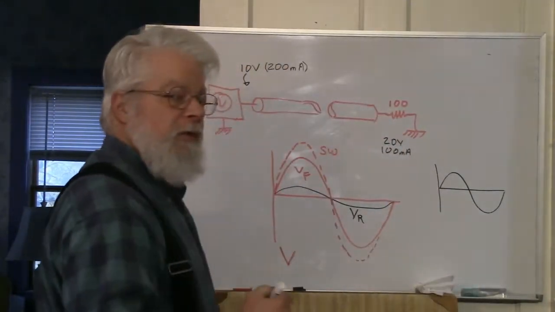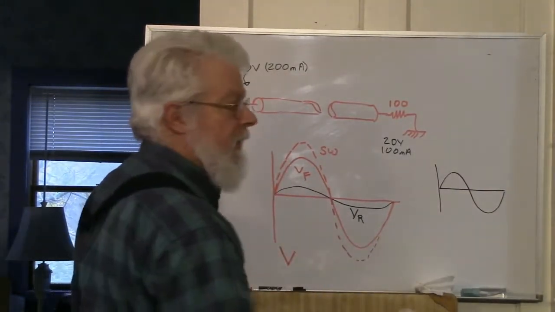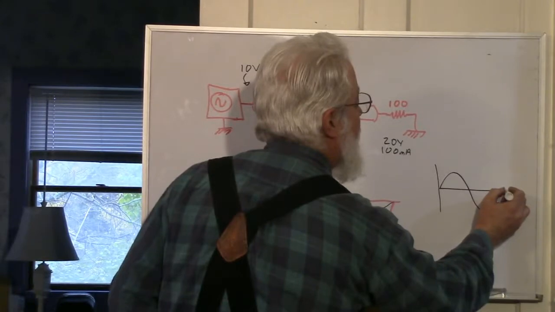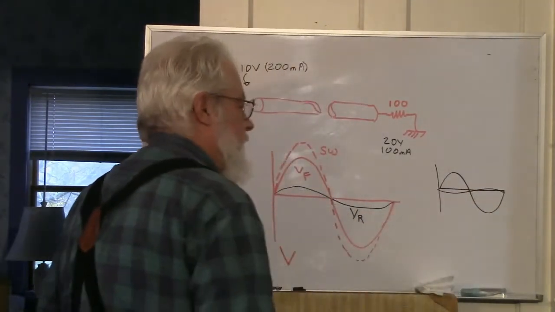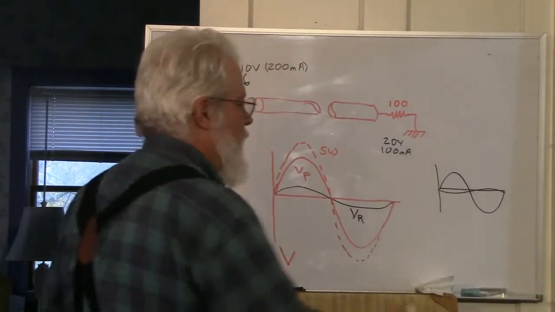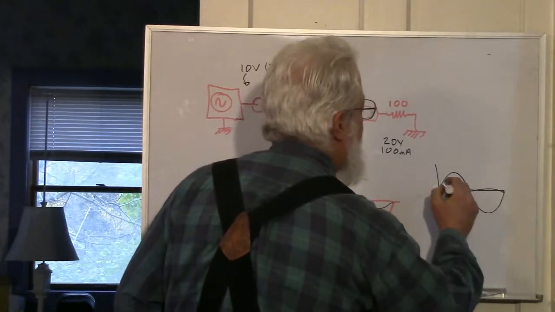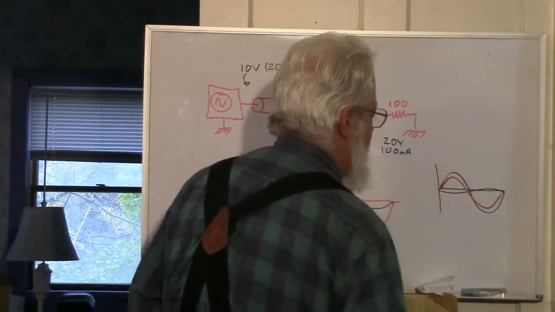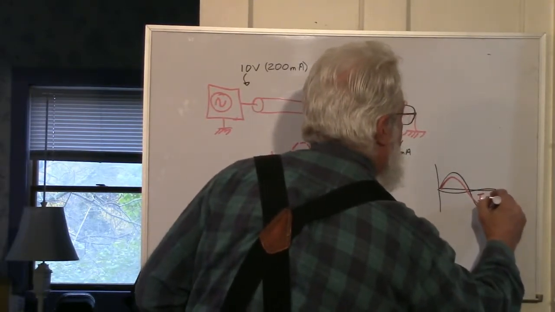And it's going to be reflected back starting where it's at, in phase. It's going to continue, and maybe a tiny bit of current will come back in phase. So the resultant waveform will be a little less. So here's our I reflected.